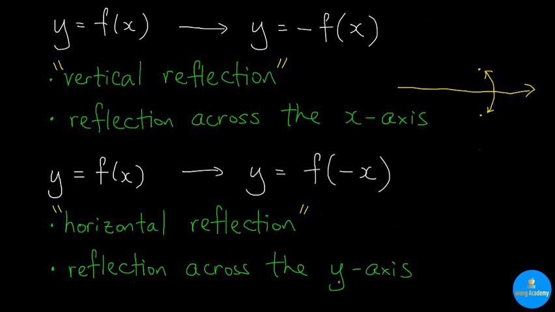Once again, the y-axis is a vertical line. How is it related to horizontal reflection? Exactly because the mirror is now vertical. So if you have a point on the left, then it will be transformed to the right, and vice versa. And this is a horizontal reflection.